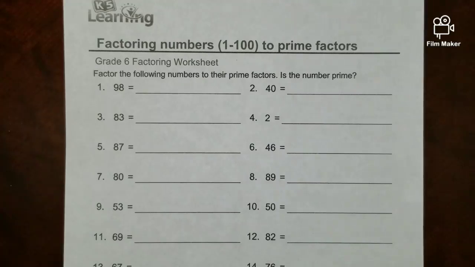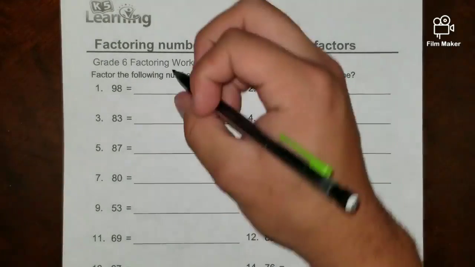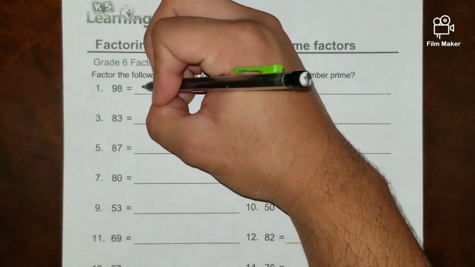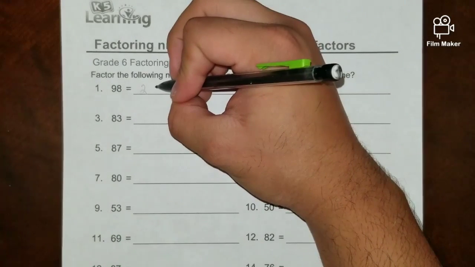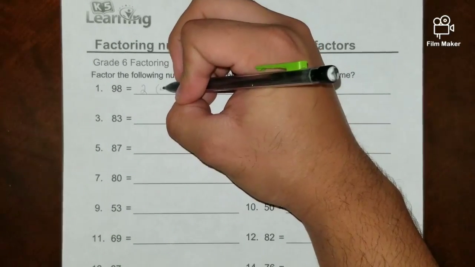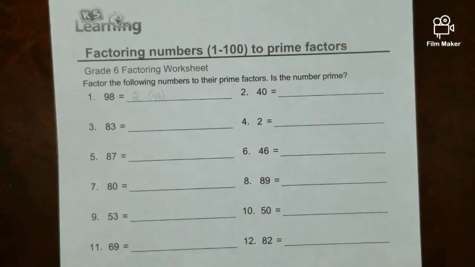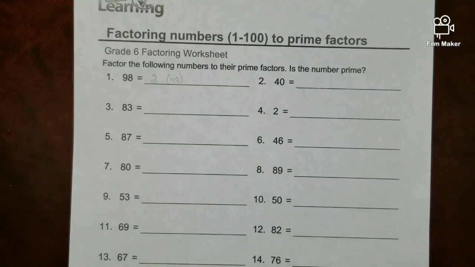So for example, the first one, we have 98. So what can we divide into 98 to make it smaller? Since it's already an even number, we can divide it by 2. So 98 divided by 2, so 2 would be one factor. And when we divide 98 by 2, we get 49. And 49 can also be broken down into two smaller numbers, 7 and 7.